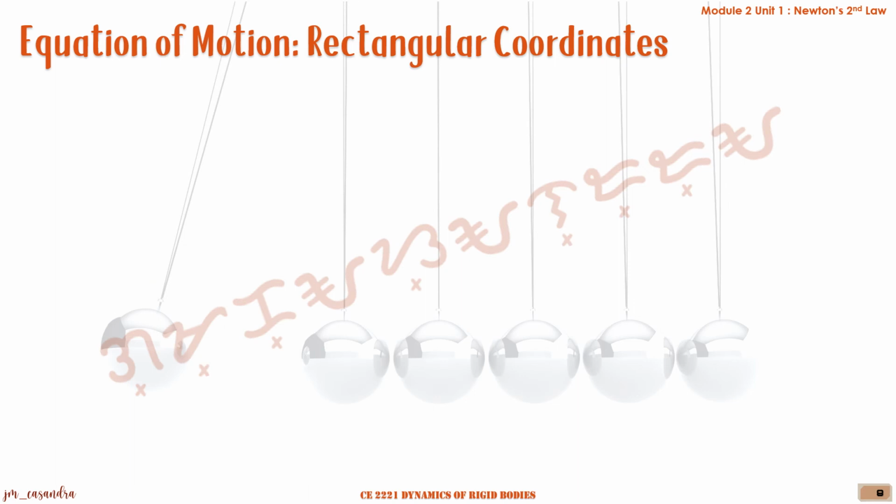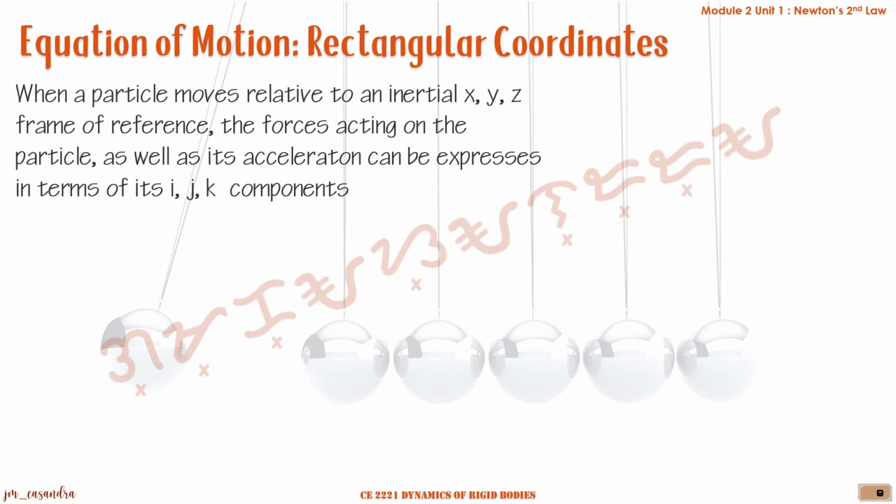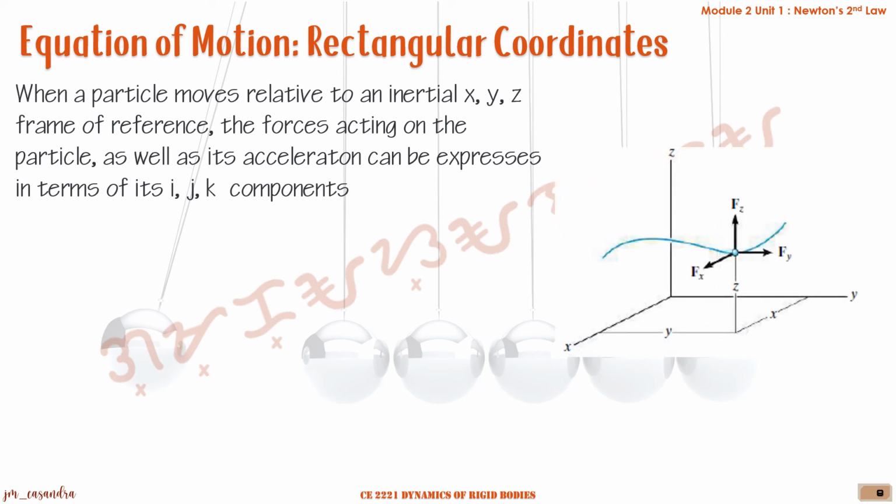So next, we have your equation of motion in terms of rectangular coordinates. So when a particle now will move relative to an inertial XYZ frame of reference. So we have here your frame of reference, XYZ. So meron tayong particle here. So this particle now will be moving three-dimensionally.